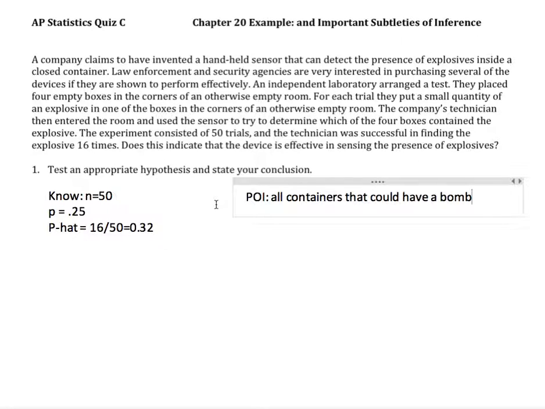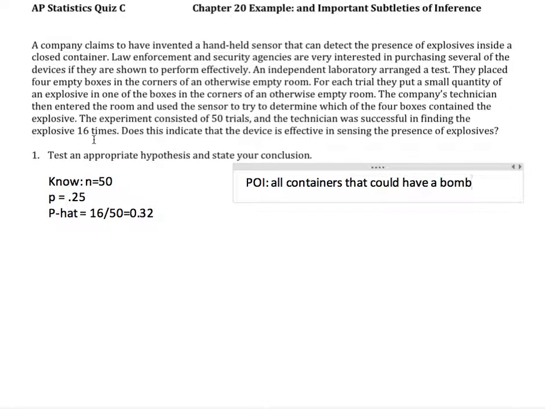Okay, so now we're going to check our hypotheses. So let's do that. So I'm going to go like this and say H sub O. So what is our null hypothesis? Well, we're going to assume that the thing is just randomly not working, or in other words, detecting the bomb only 25 out of 100 times, or 1 out of 4 times to begin with.